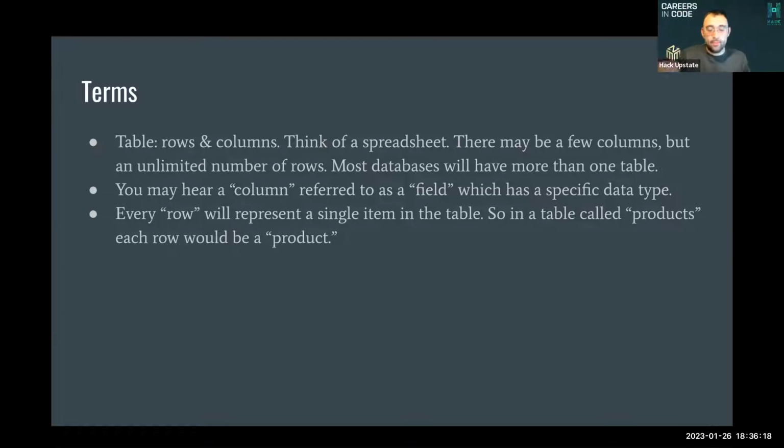So if you hear me say field, it just means it's a column, and fields have specific data types, as we've already seen in our SQL. So we've already seen our ints and our varchars, and we're going to get into text, and we just introduced the serial data type. And then every row represents a single item. So the table called products, every row would be its own individual product.